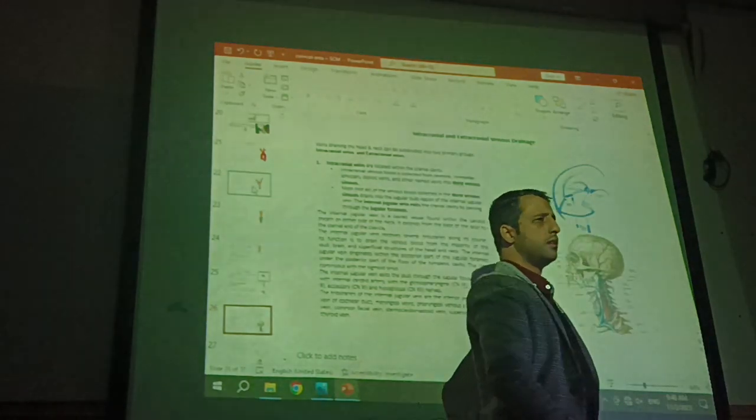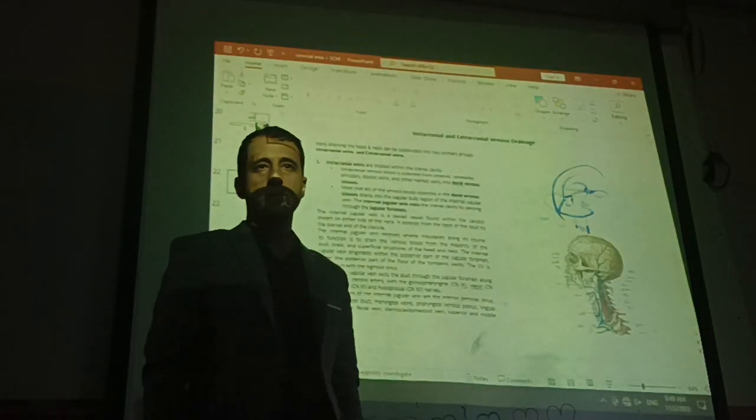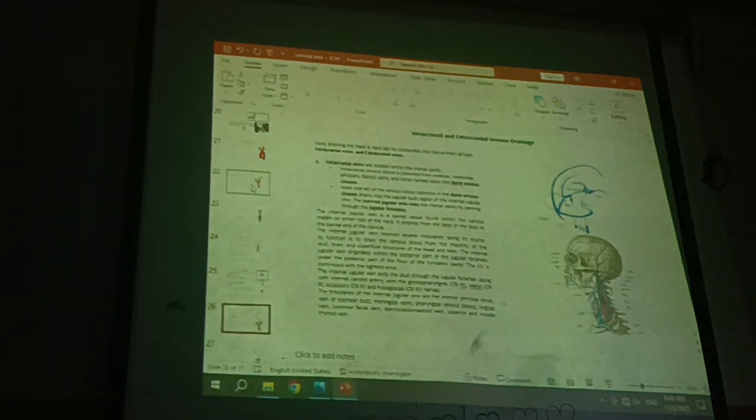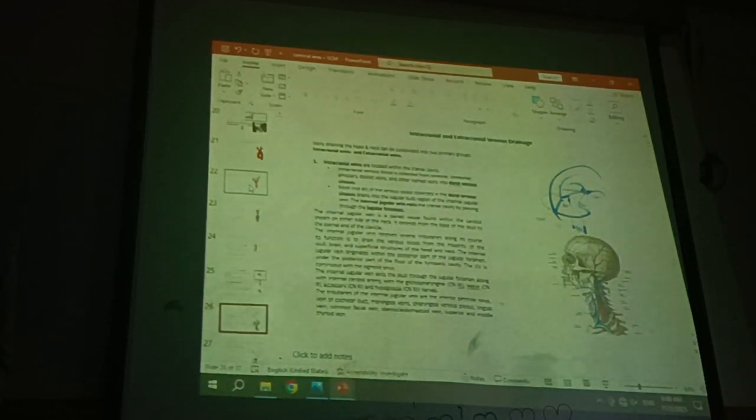After the petrous part, the venous drainage. As you know, all the veins which drain the brain, all the veins located in the skull, drain to sinuses in the skull.